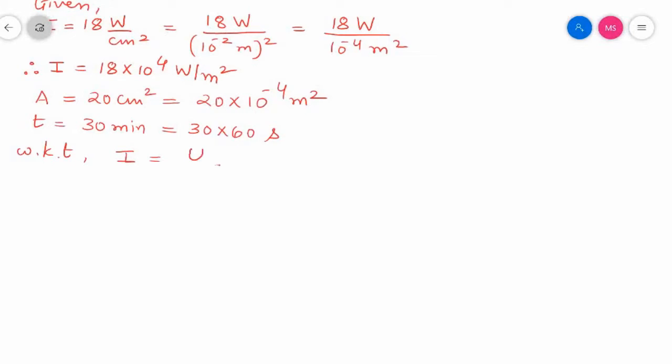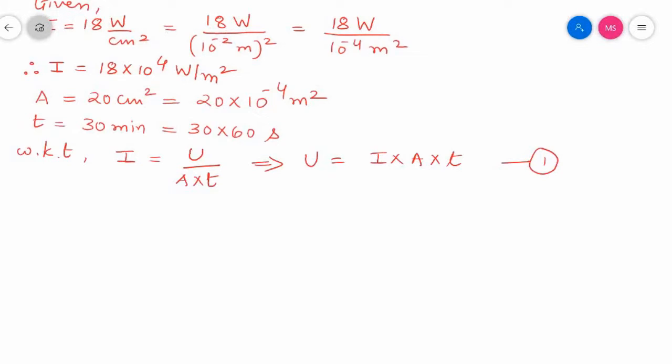Now we know that intensity I is energy per unit area per unit time. So this implies that energy will be equal to intensity into area into time. Let this be equation number 1.